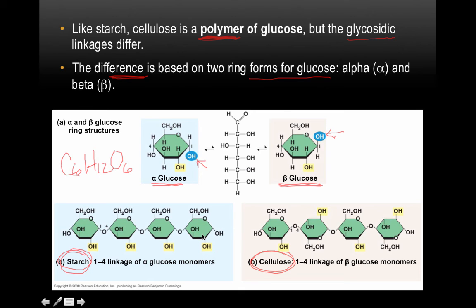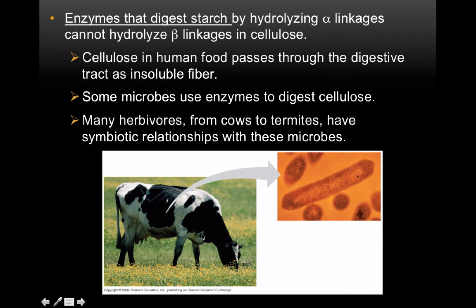Because those glycosidic linkages differ, enzymes that digest starch, enzymes in our digestive systems that break down the potatoes we eat, cannot break the bonds in cellulose. So our enzymes can digest starch or perform hydrolysis, chop it up, but our enzymes cannot break down cellulose.